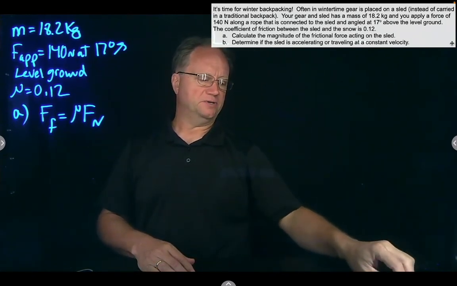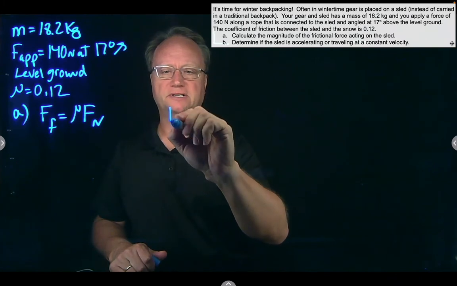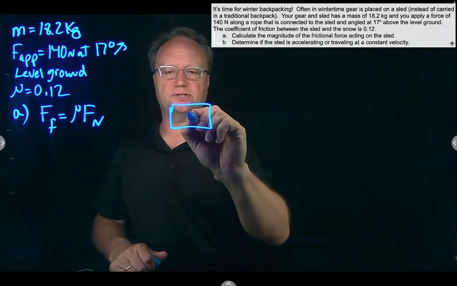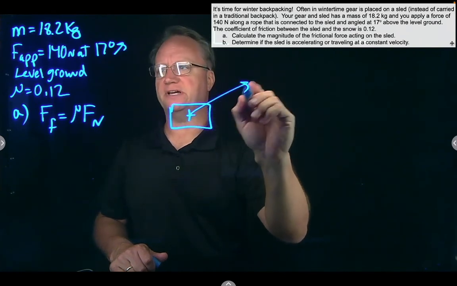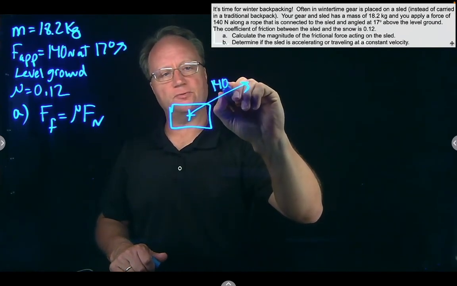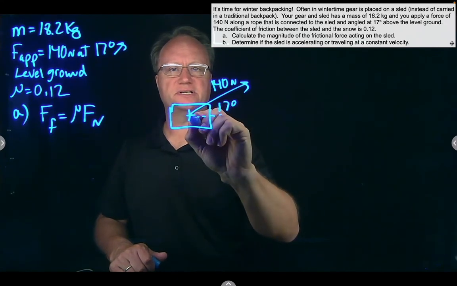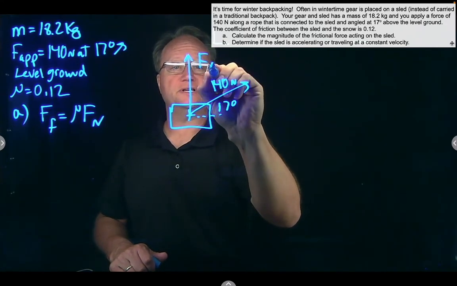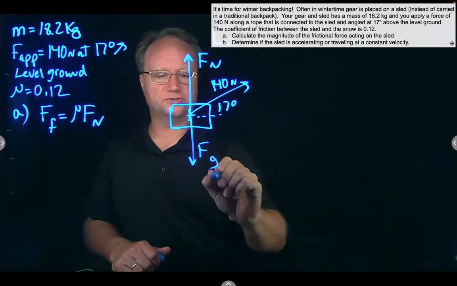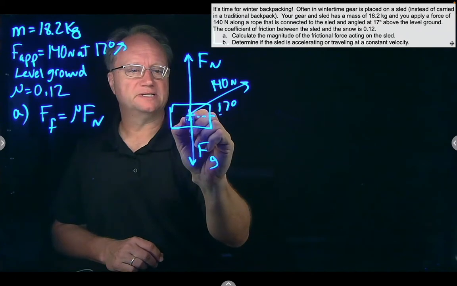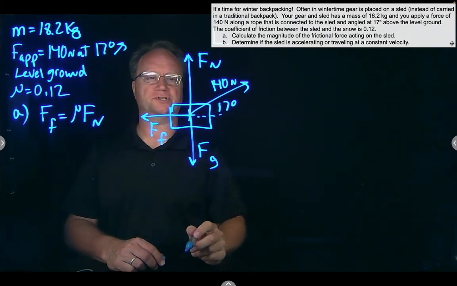Okay, so let's draw a free body diagram and see what we have going on. Here's our sled, and we have a force there of 140 newtons, 17 degrees. The sled is supported by the ground, and then it also has a field force of the weight, and then there is a frictional force.